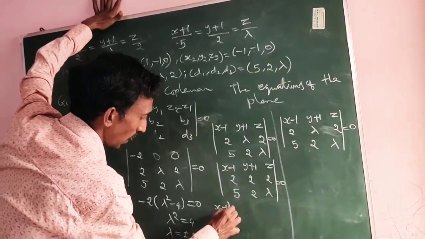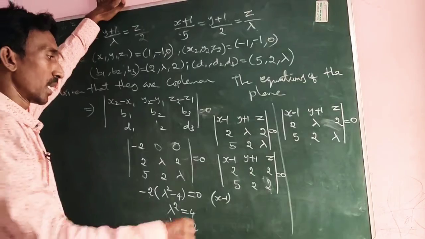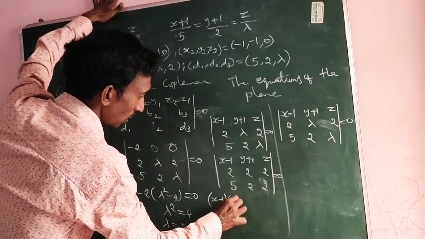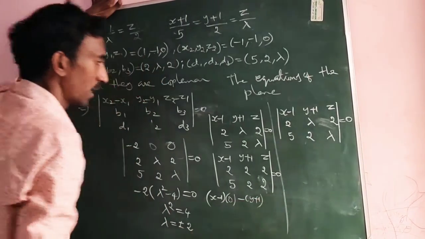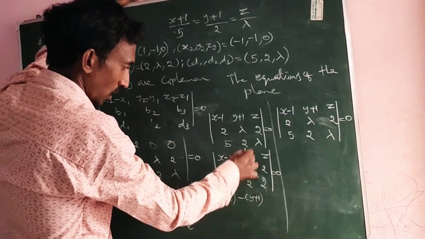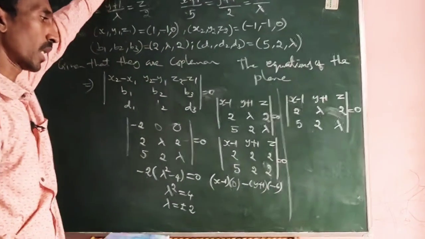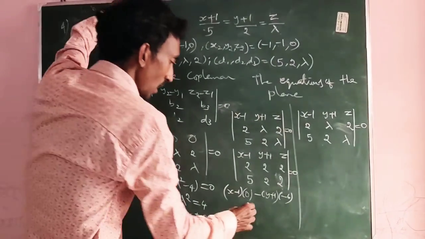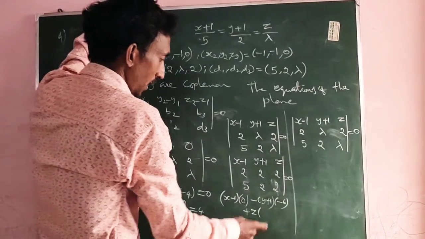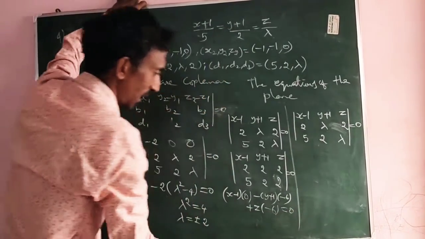So x minus 1 into, delete that row and column, 4 minus 4, 0, minus of y plus 1 into, delete that row and column, 4 minus 10, minus 6, plus z into, delete that row and column, again 4 minus 10, minus 6.